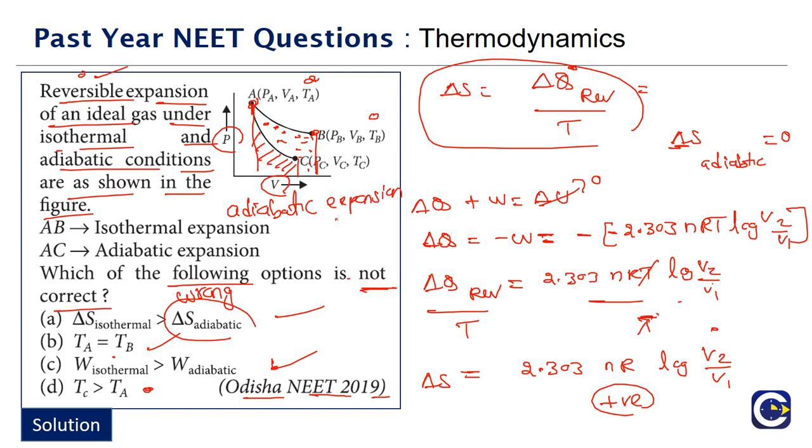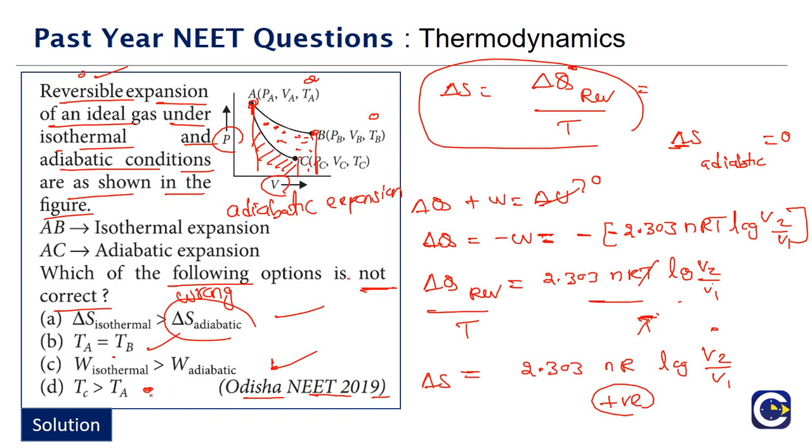So where will the gas get the energy from? It will do the work at the expense of the internal energy. That is why we also call it adiabatic cooling. So whenever a gas is expanding under adiabatic conditions, it will be cooling. Why? Because it is going to lose its internal energy, and using that internal energy only it will be able to do the work. So cooling means the temperature TC will be less than TA.